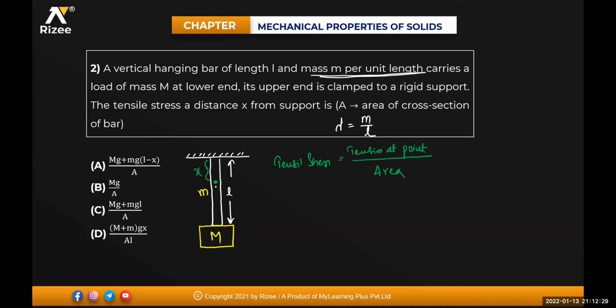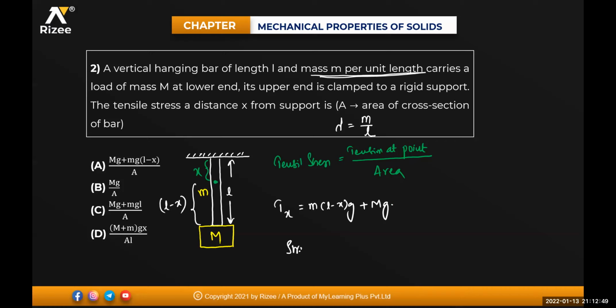So tension at this point is because of what? This lower mass. So this length will be equal to L minus x. Done, beta. So tension at x will be equal to M into (L minus x) into G plus capital M into G. That's it.